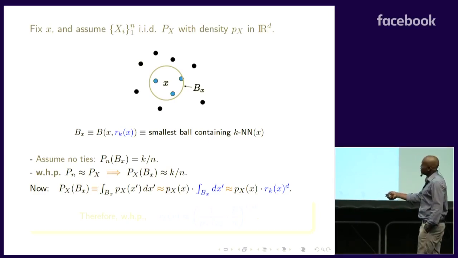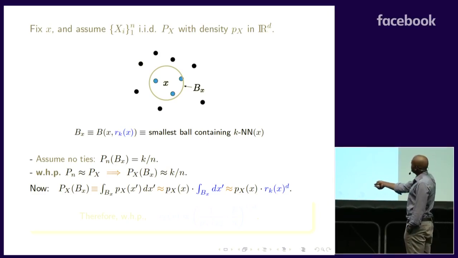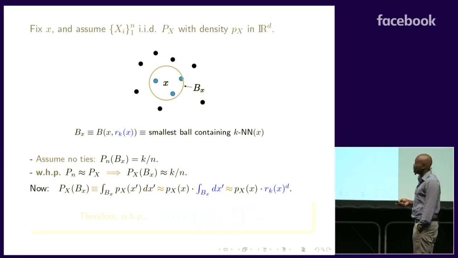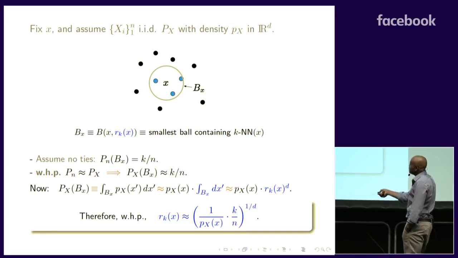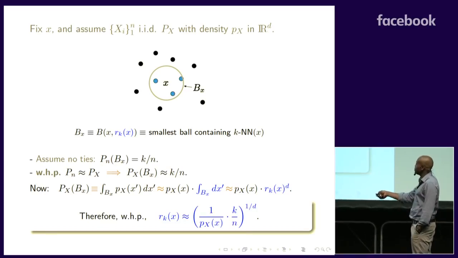So px of Bx is approximately px of x times Rk of x to the d. Rk of x is appearing here, which is what we want to analyze. It gives us this equation: px of x times Rk of x to the d is equal to k over n. Now we've characterized Rk of x. Just invert that equation and you get that Rk of x is approximately 1 over px of x, times k over n, to the 1 over d.